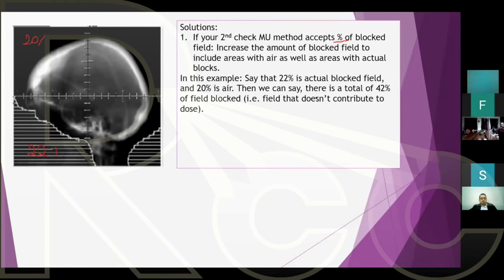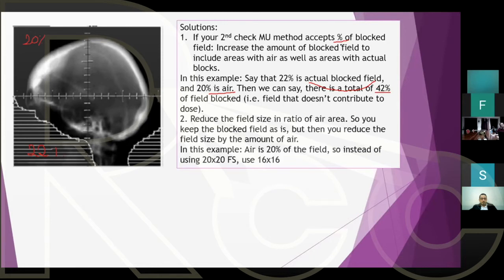So when you write the total percentage of blocked field, you put 42%, which is the percentage of air plus the percentage of actual blocked field. When we increase the percentage of blocked field, what happens? The monitor unit will increase, because we're making the opening smaller and smaller. Instead of a 20 by 20 field size, now I have a much smaller field. So the MU will increase for the same dose.